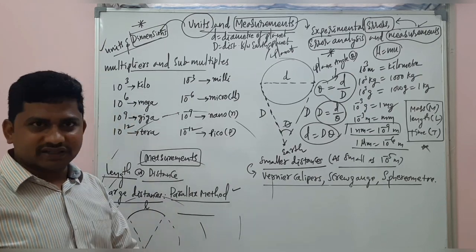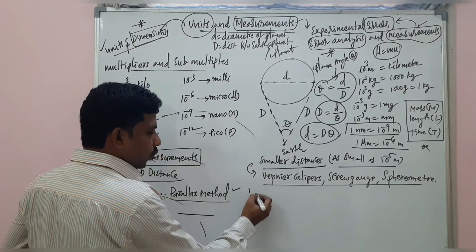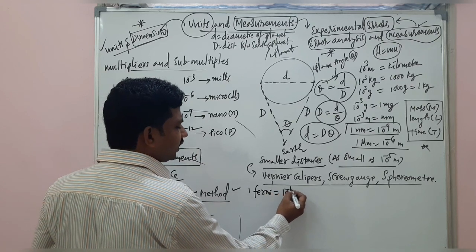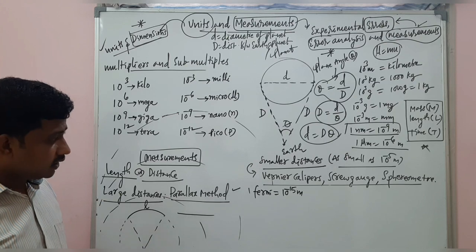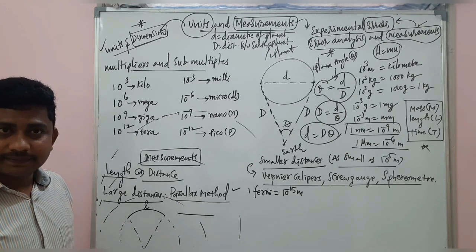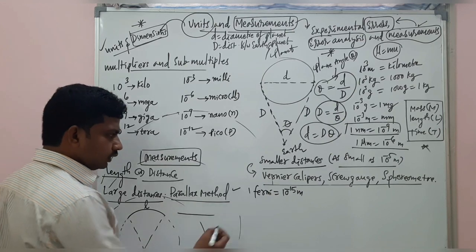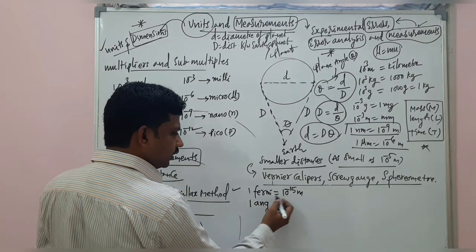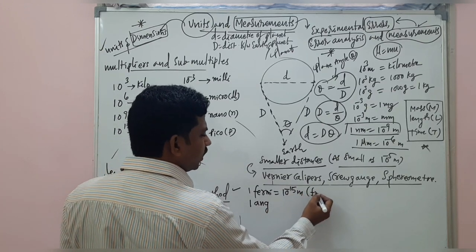Now, some more units to measure distances. Listen to me carefully. 1 Fermi is equal to 10 raised to minus 15 meter. You know how small it is. Fermi is denoted with the symbol small fm.